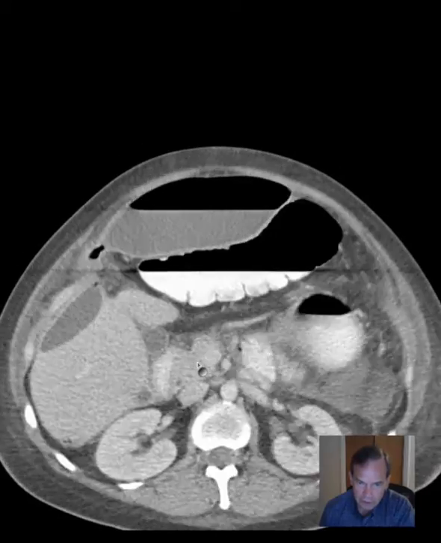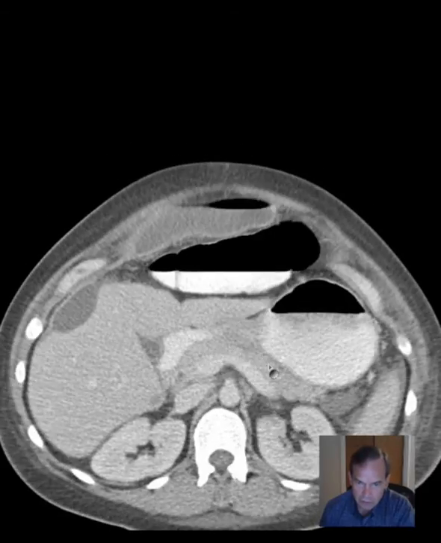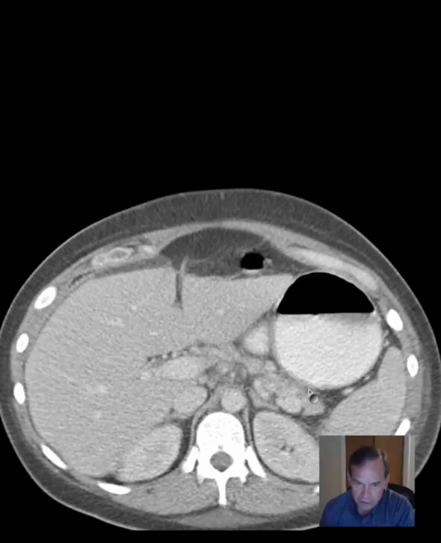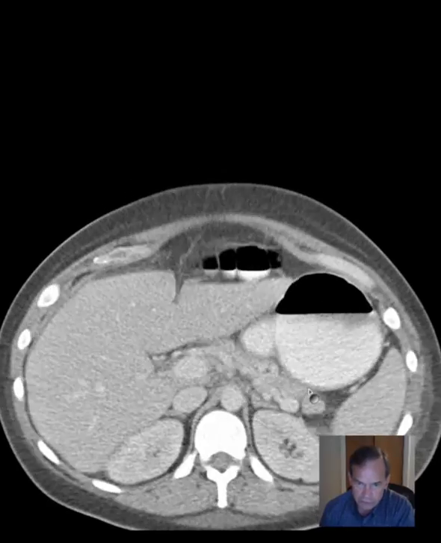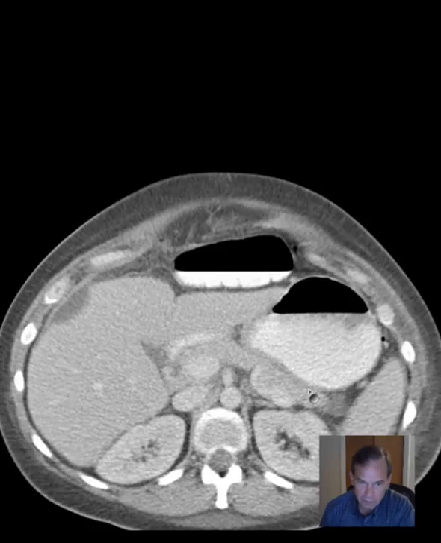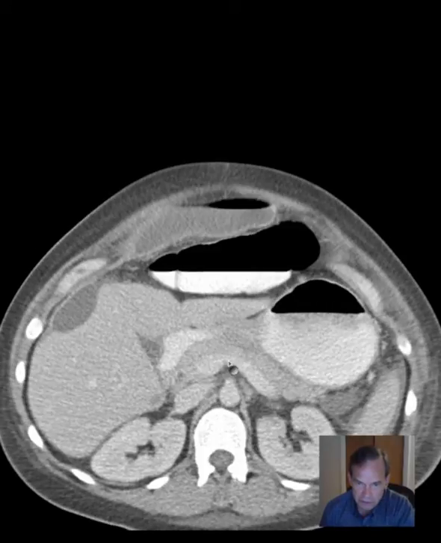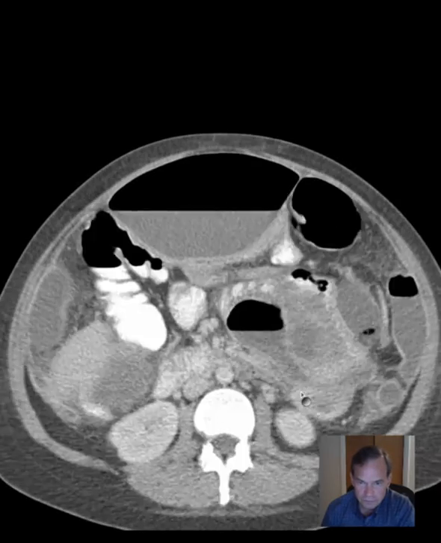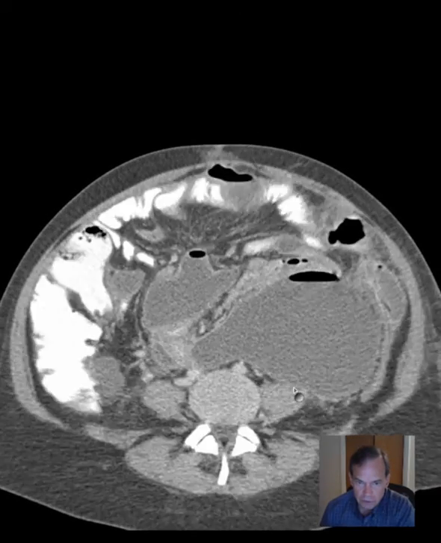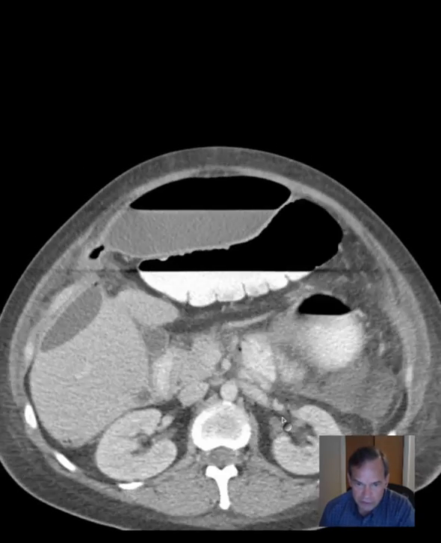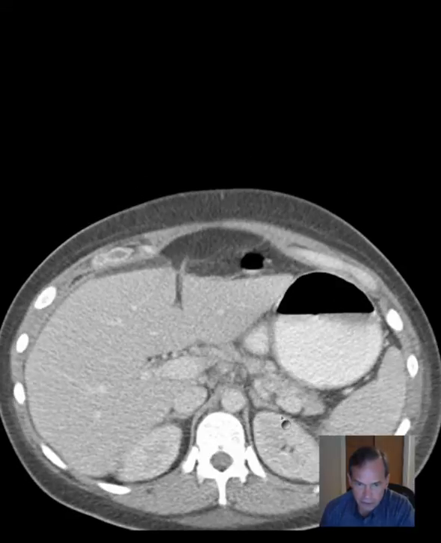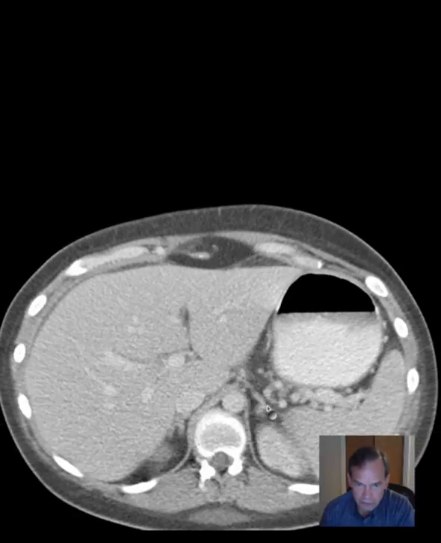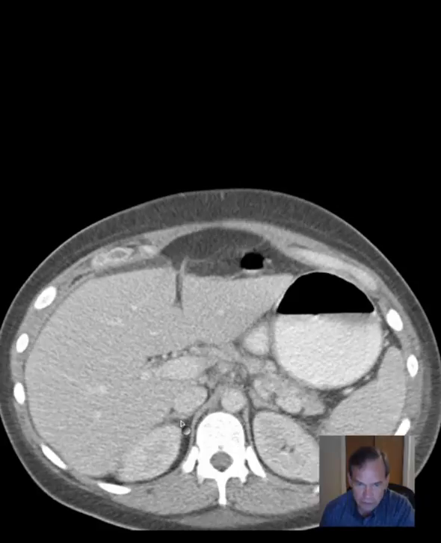Pancreatic head, neck, body, and the tail going off right to the splenic hilum. And we can see the splenic vein immediately posterior to the pancreas. Both kidneys look okay. Here's the left adrenal gland. Here's the right adrenal gland.